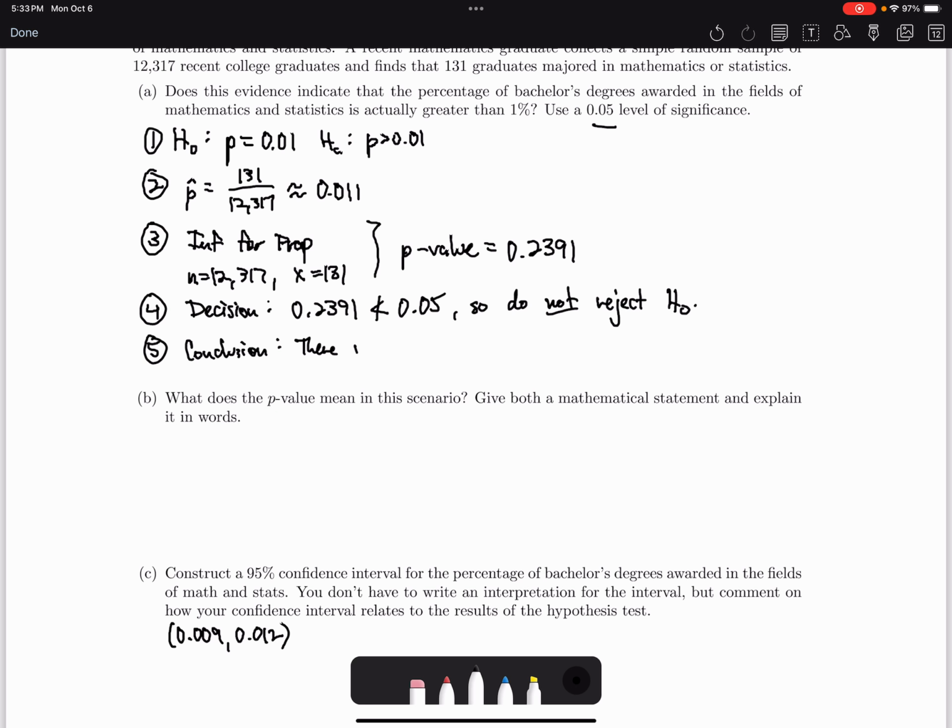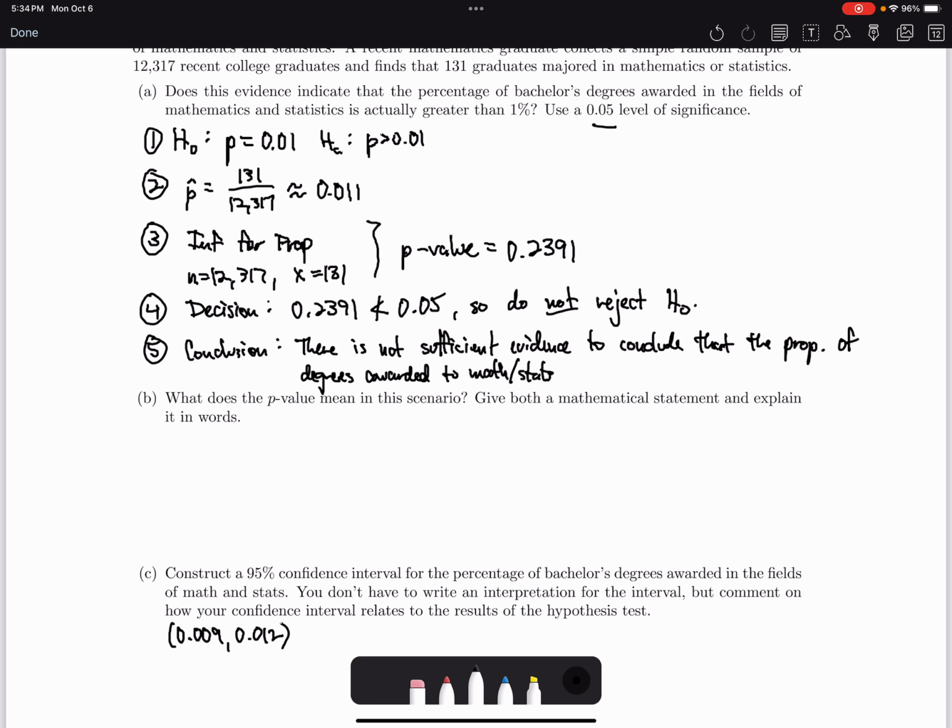There is not sufficient evidence to conclude that the proportion of degrees awarded to math and stats is greater than 1%.